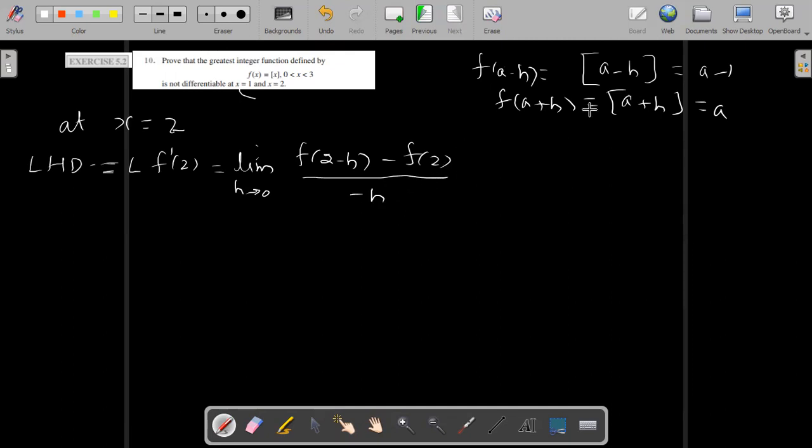Now you can see this definition: 2 minus h gives 2 minus 1, and f(2) means the greatest integer of 2, which is 2 always, because there is no negative sign and no decimal part.